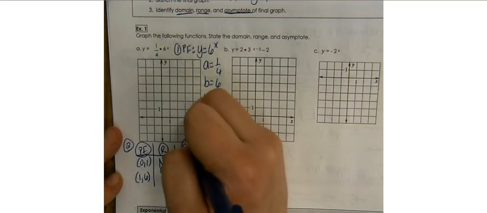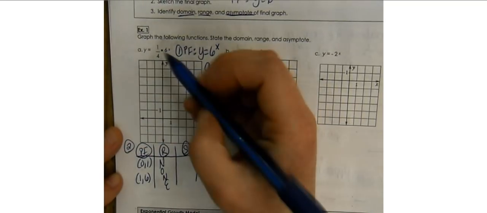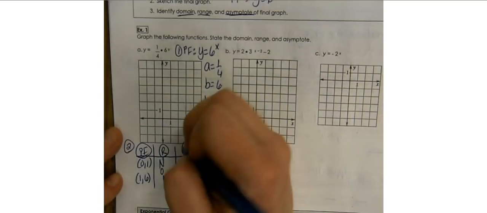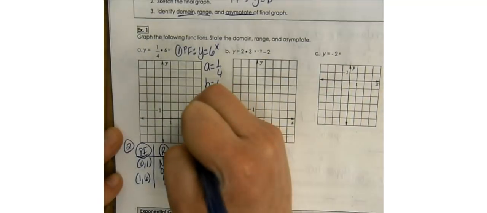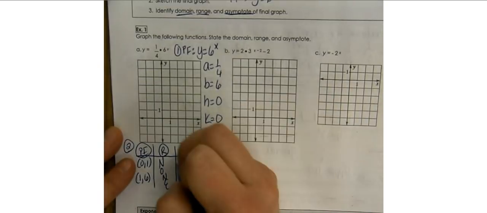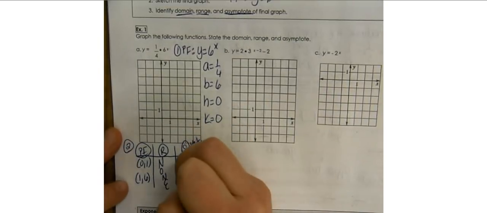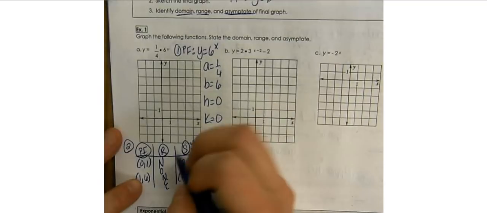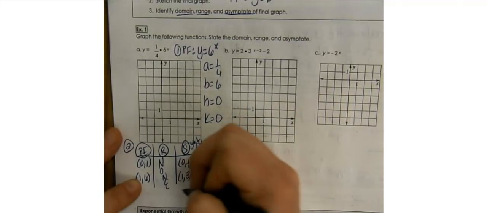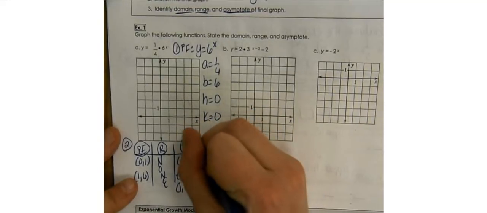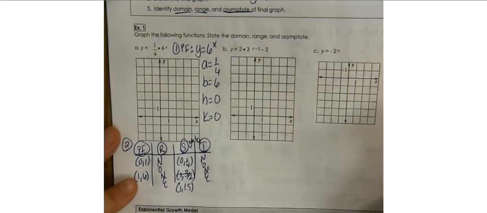Stretch shrink, that comes from multiplying all of your y values by the absolute value of a, so I'm going to multiply everything by 1/4. So I have 0, 1/4, and 1, comma, 6/4, that's equal to 3/2, and 3/2 is 1.5. If you want to write that as 1, comma, 1.5, that's fine. It might be even easier to graph. We don't have a translation in this case since we're not adding anything, so I'm going to write none. So my last set of ordered pairs, this is what I'm going to plot.